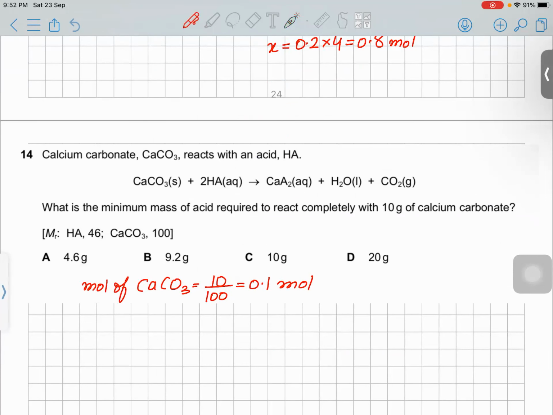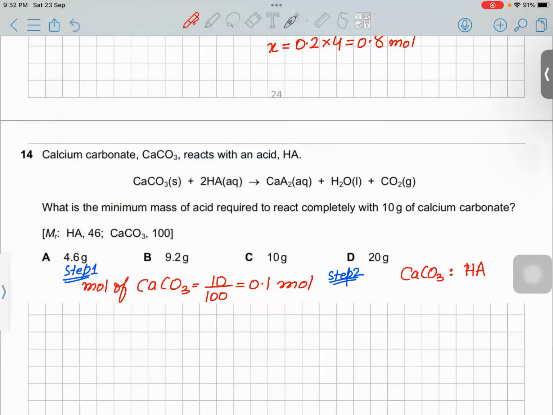Step 1, find the mole. Step 1, mole of calcium carbonate. Step 2, mole ratio. Here you have calcium carbonate and here you have HA.